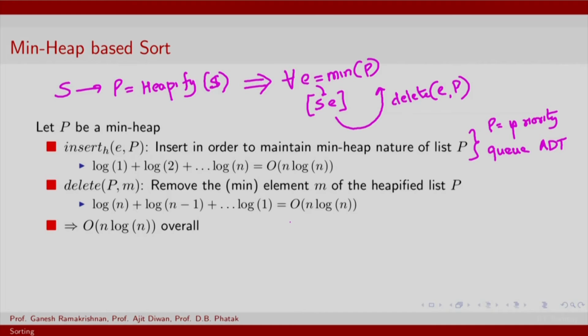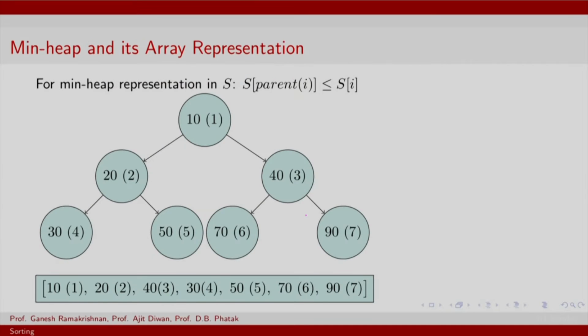Is it possible to avoid constructing an external data structure P and instead do in place heap construction? Before we do that, we will see what the array corresponding to a min heap looks like. So the element 10, which is the smallest element, is going to be stored at position 1.